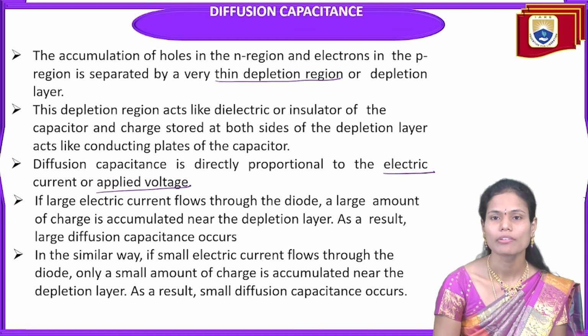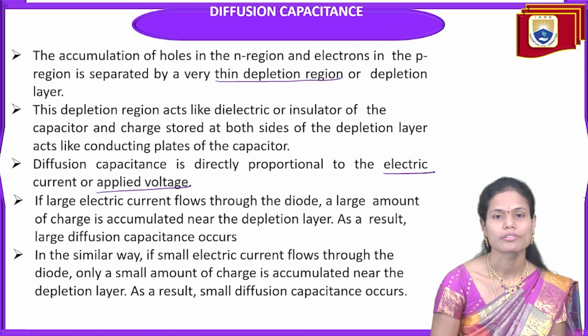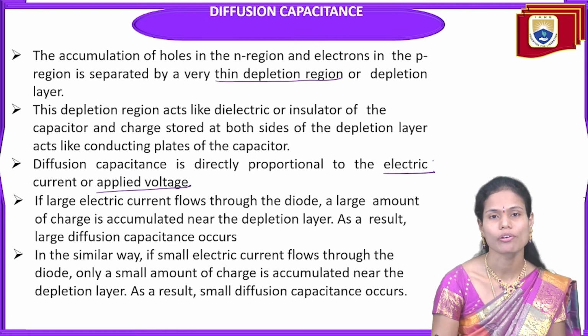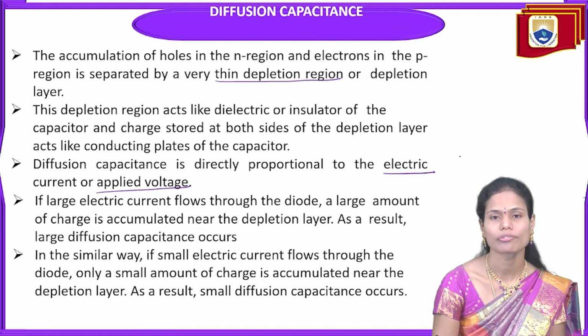Similarly, if a small electric current flows through the junction, a small amount of charge is accumulated near the junction, so a small diffusion capacitance will exist in the diode. In this case also, the diffusion capacitance depends upon how much forward voltage we are applying to the device.